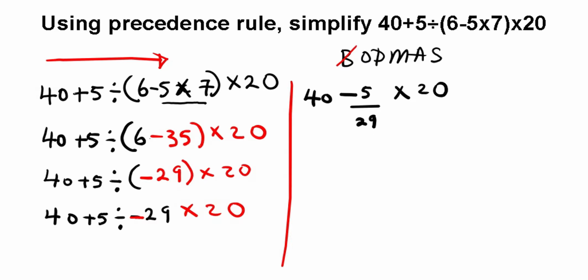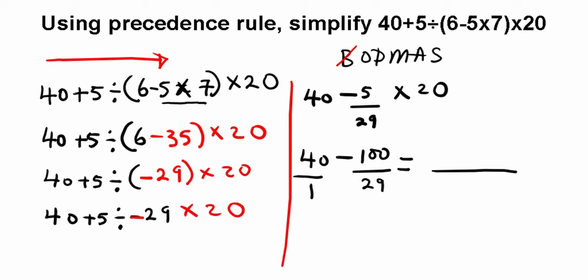So when we do that, we now have 40 minus 5 multiplied by 20. We are now going to have negative 100. Then you now divide by 29. When you do that, this will be equal to, you take your LCM. This 40, you can also write as 40 over 1.